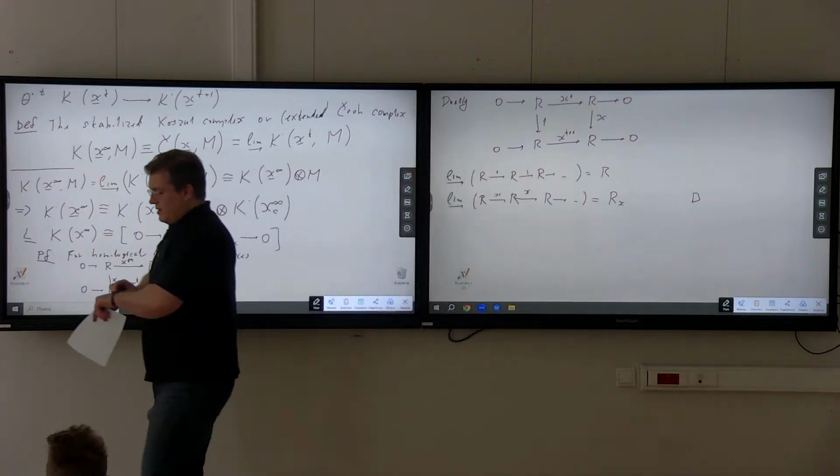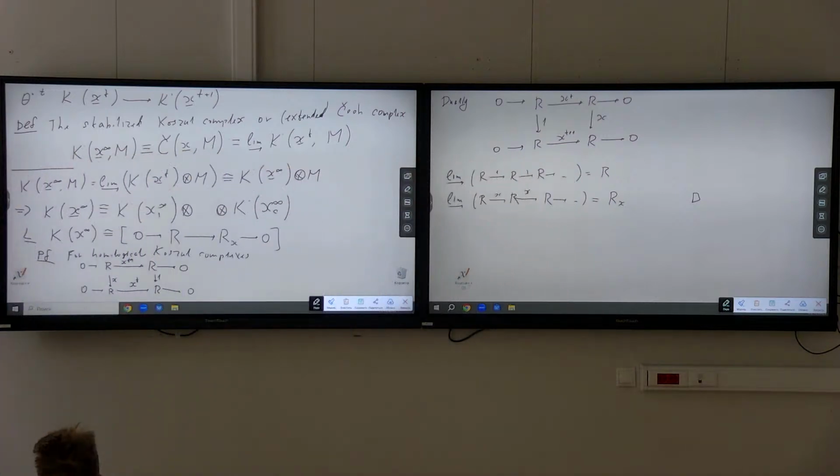Why is the map such? It's the same map as localization. When we take co-limits of the complex, we have the co-limit of the map.